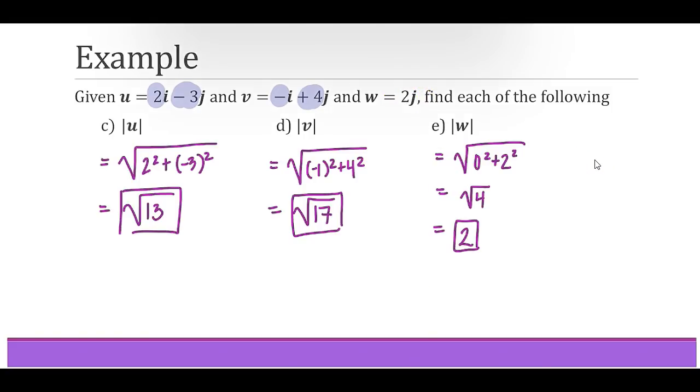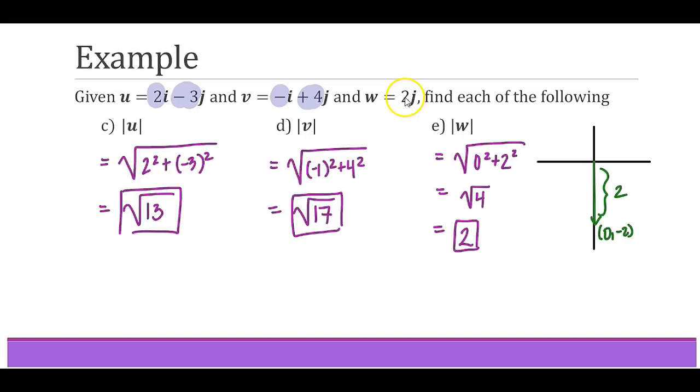And if we think about that graphically, the vector 2j would be located going straight down to the coordinate (0, -2). The magnitude is the length, so that's why we keep just positive 2 as the magnitude of the vector.